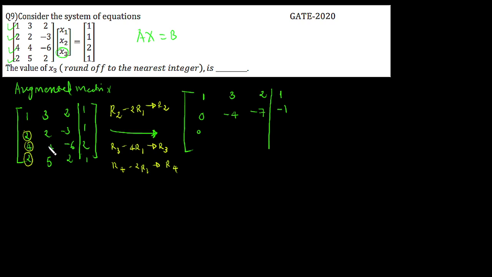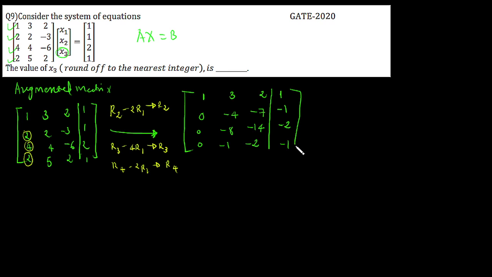Now minus 12 plus 4, so minus 8, and this entry multiplied with negative 4 gives negative 8, negative 6, so negative 14, and negative 4 plus 2, so again negative 2. Now in the last row, this entry again goes to 0, here this will be minus 6 plus 5, so minus 1, and again this entry is minus 4 plus 2, so minus 2, and here minus 2 plus 1, so minus 1.